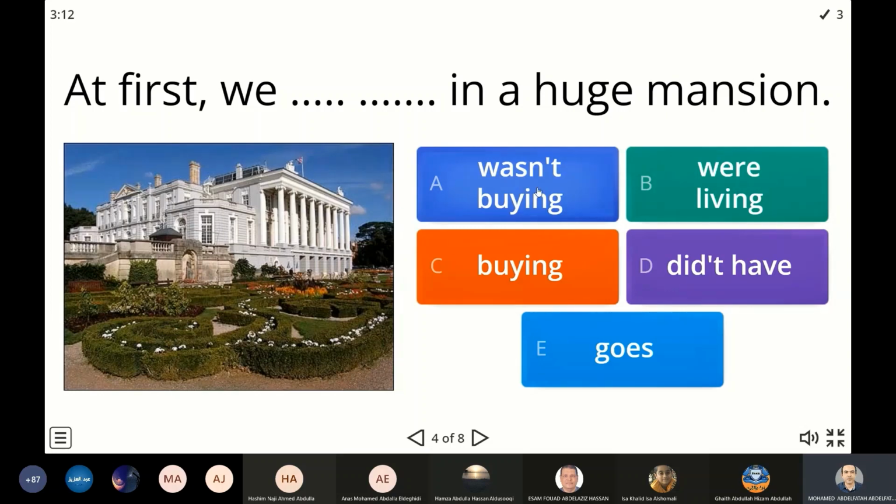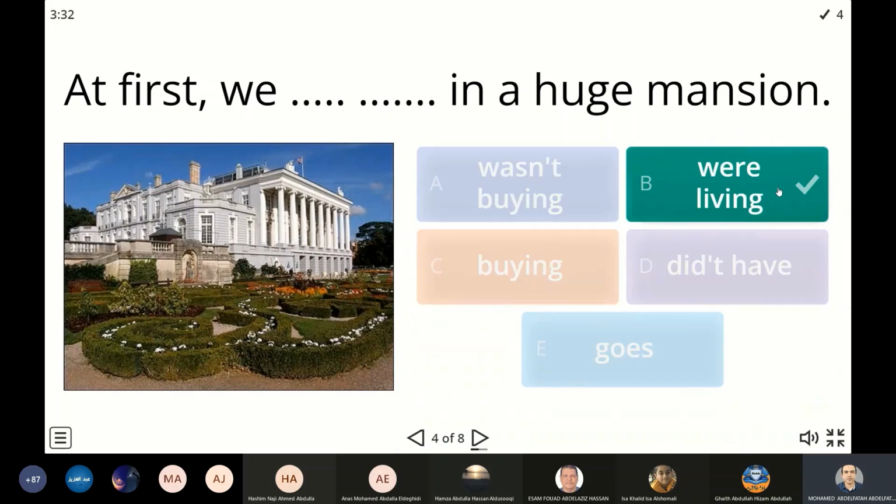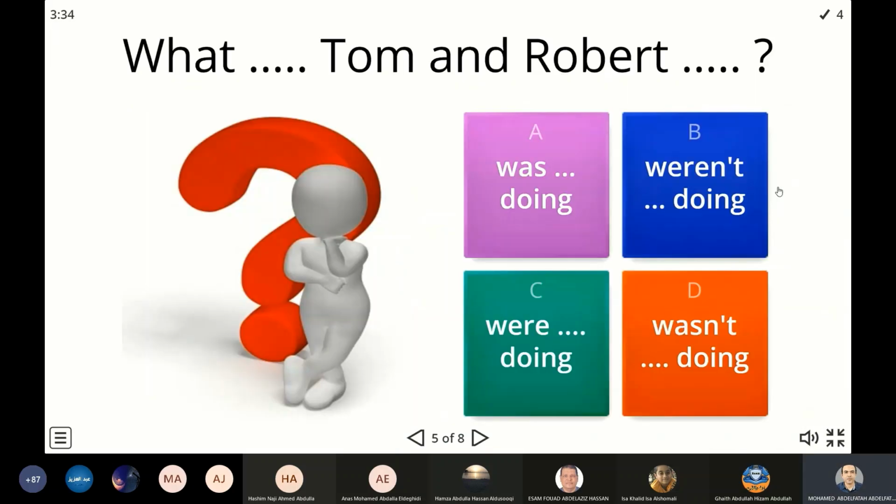Why? Because we is used with a plural auxiliary verb. We were living where? In a huge mansion. We were living. Excellent. Bravo, Khalid. Bravo, Ghaith. Bravo, students.